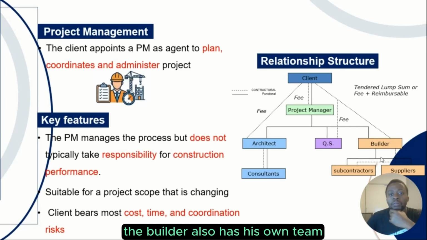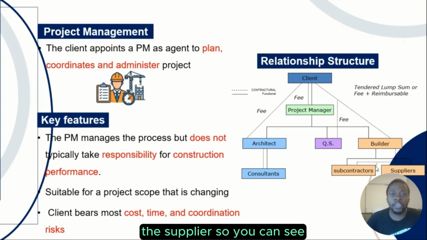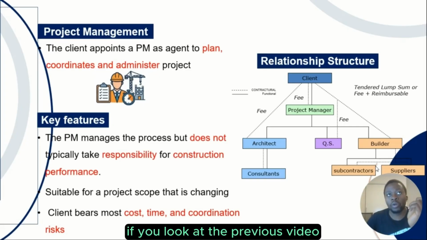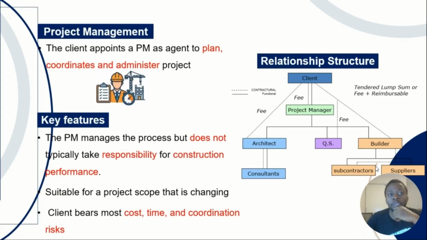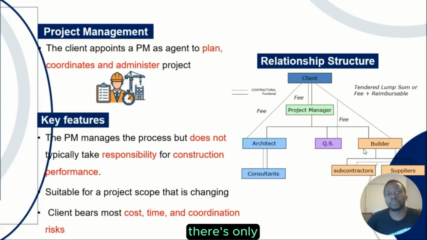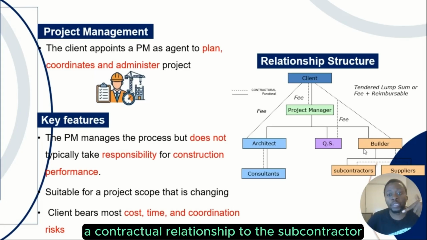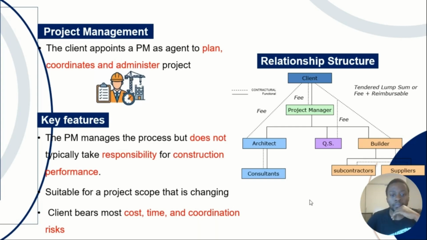The builder also has his own team, which is the subcontractors and also the suppliers. So if you look at the previous video on the construction management relationship structure, you will see that there is no builder. It's only a contractual relationship to the subcontractors, which are also called the trade contractors.